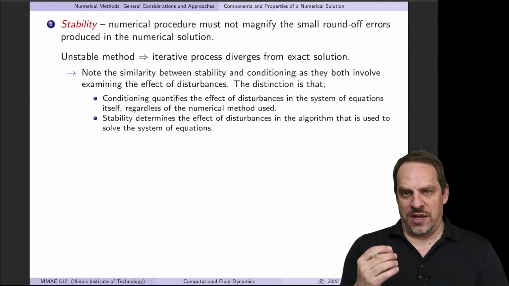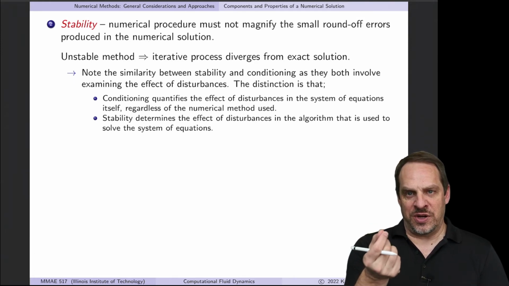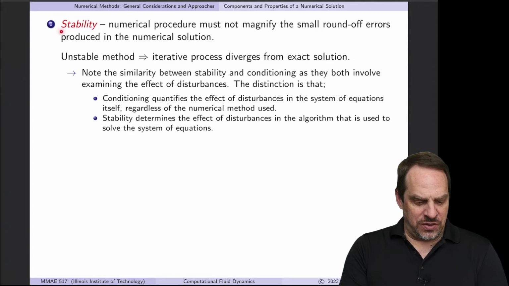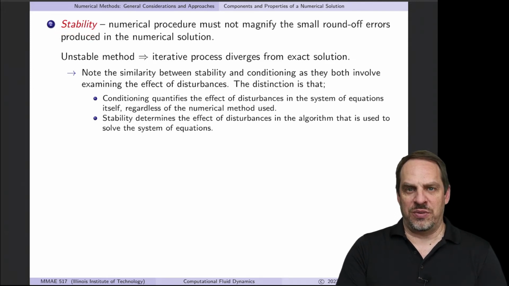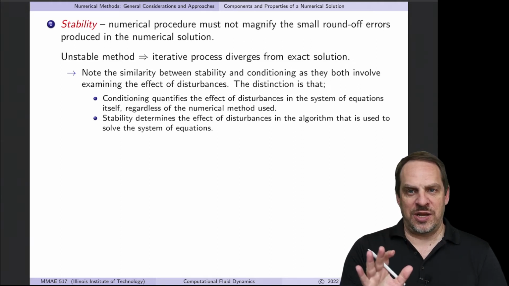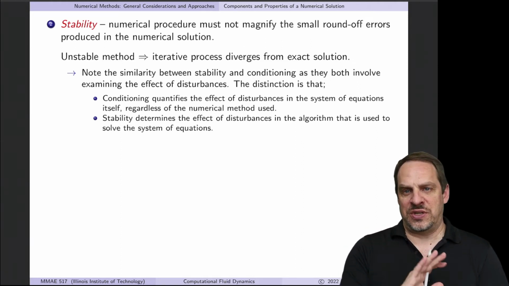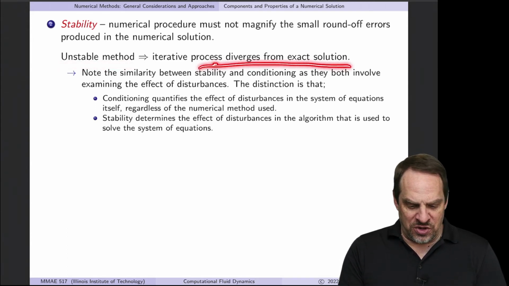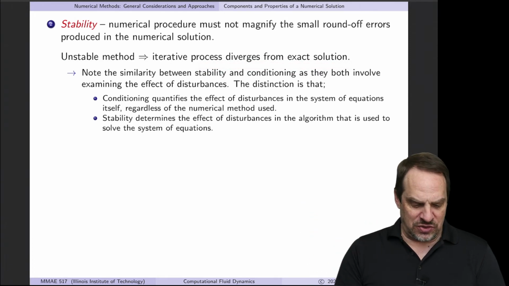If, on the other hand, those tiny little round-off errors grow and grow and grow as I execute my numerical algorithm, then the method is unstable. So this is something that obviously is catastrophic. If our numerical method is unstable, we're going to get spurious results that have nothing to do with the reality that we're looking for. Because for an unstable method, the iterative process is going to diverge away from the exact solution, which obviously is the exact opposite of what we would like.